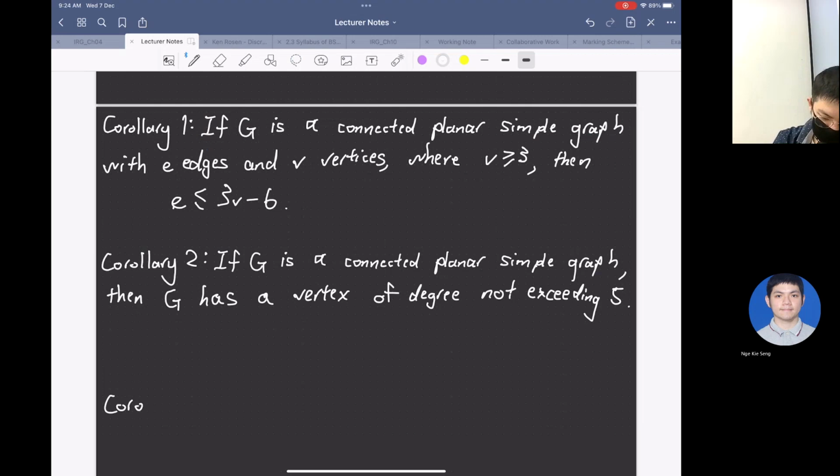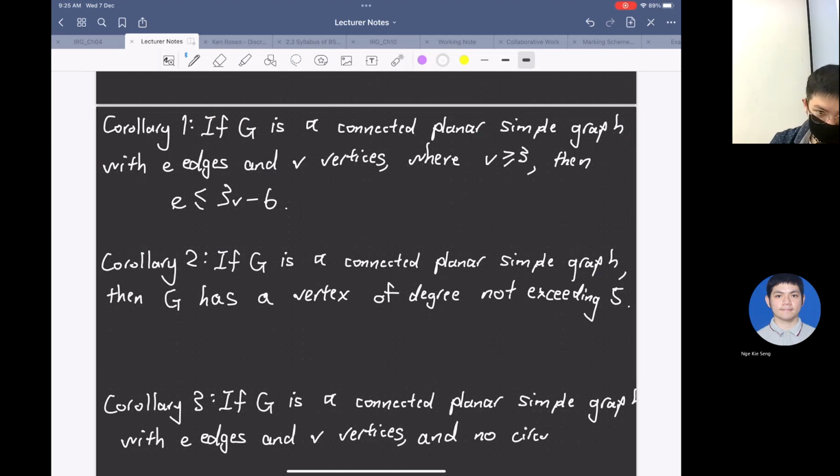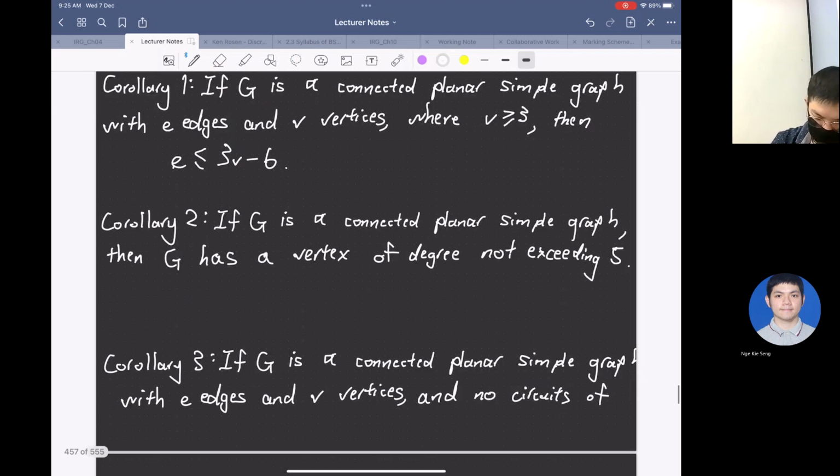And then corollary 3 is: if you also have a connected planar simple graph with no circuit of length 3, then it satisfies E less than or equal to 2V minus 4.